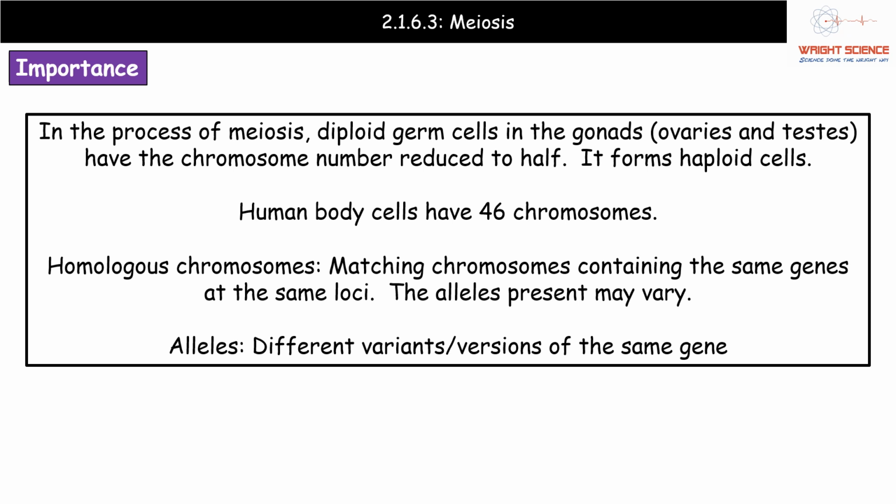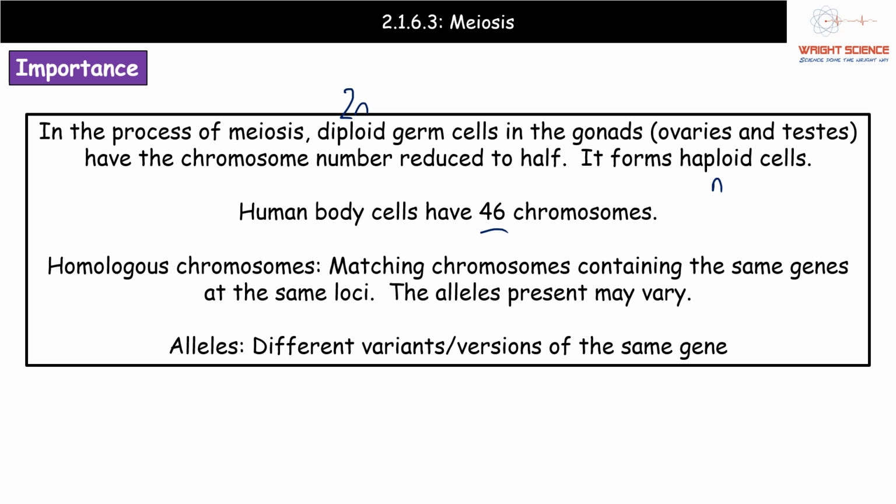So we're starting off with a diploid cell, so that's our 2n, and we're going to make haploid, so just n. If we put that into the context of humans, then a normal body cell in humans will have 46 chromosomes. Therefore, our diploid germ cells have 46 chromosomes, but those gametes that we're going to be forming are haploid, therefore they will each have 23 chromosomes present.